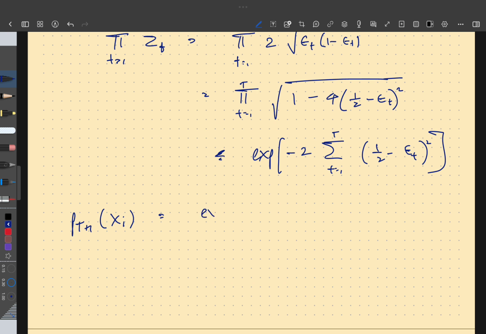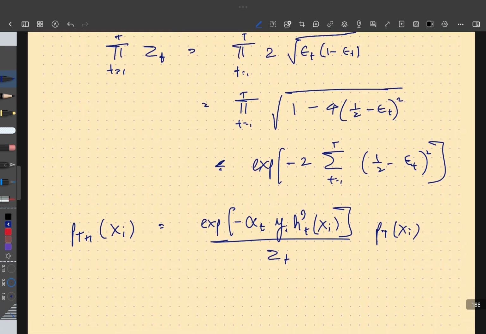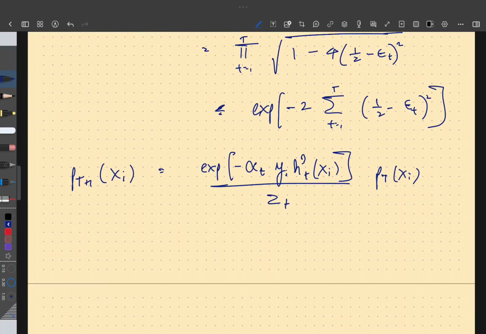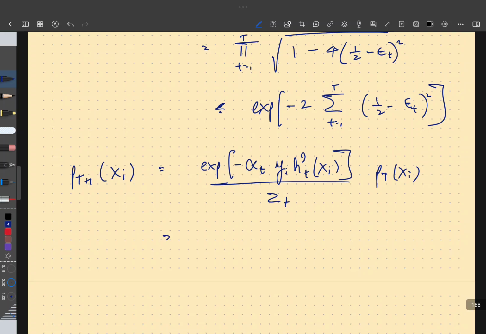This is equal to e to the power of minus yi, minus alpha t yi h_t^b of xi divided by Zt times pt of xi, but again express pt of xi in terms of pt minus 1 of xi, which gives me a recurrent relation, right?